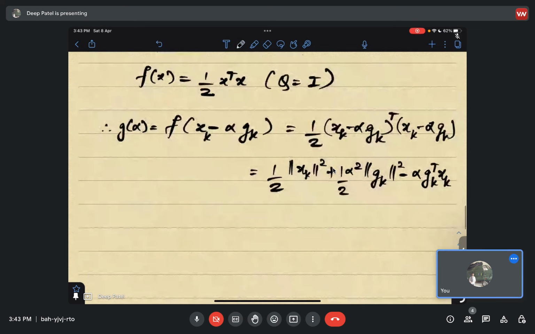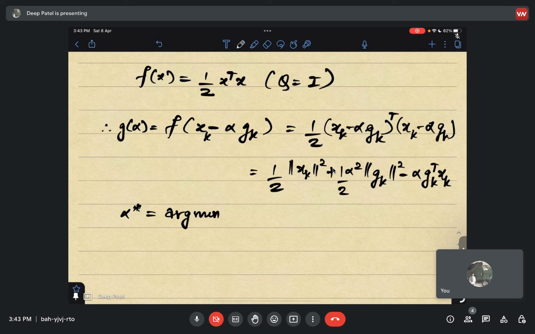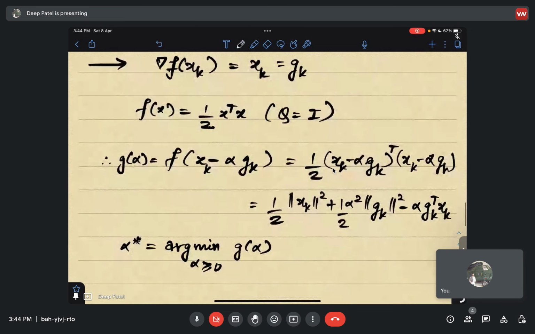Okay, so what do you do? Alpha star is the argmin over alpha greater than 0 of g of alpha. So what is alpha then? This is a convex function.